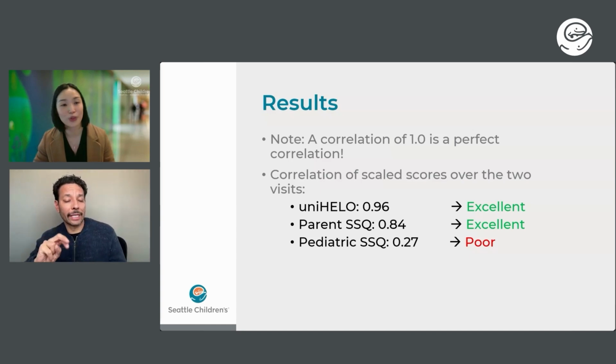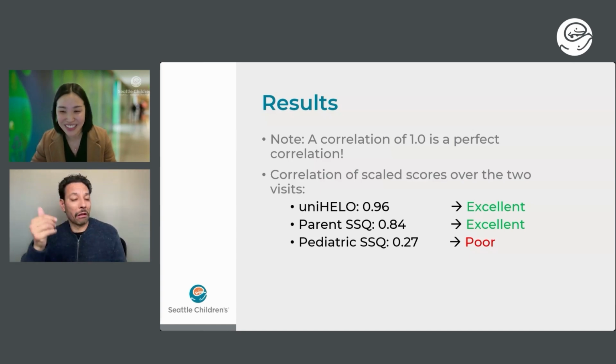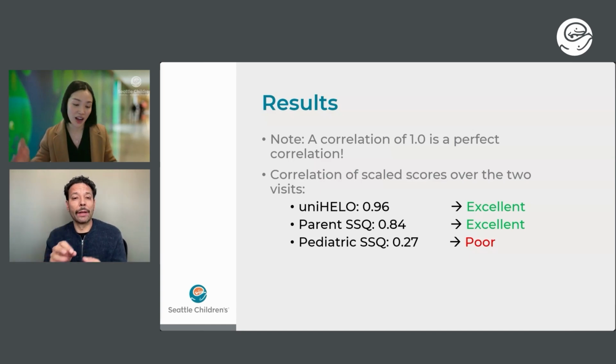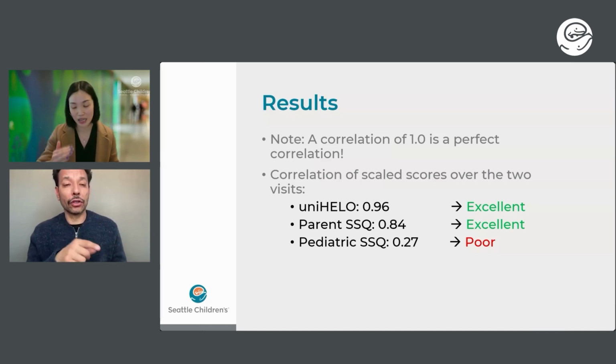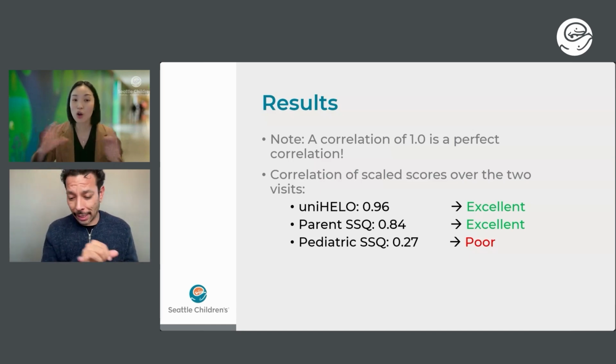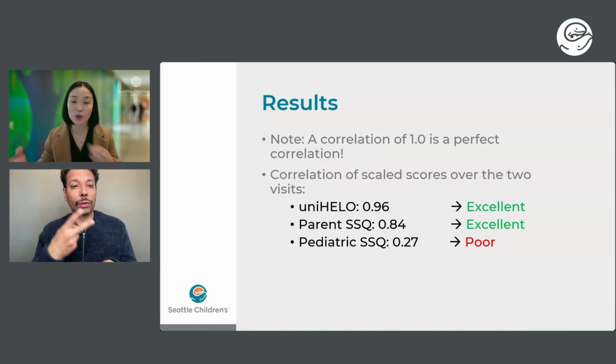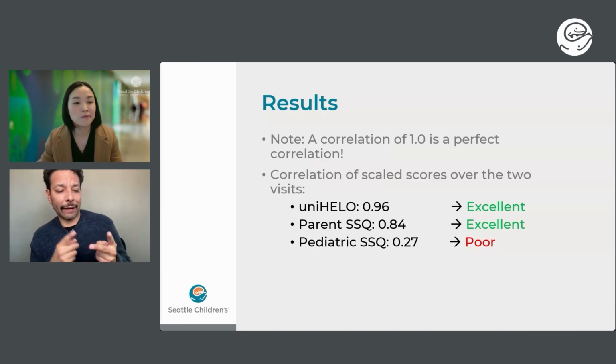So a note for those of you who are not particularly statistics-minded that a correlation of 1.0 is a perfect correlation, which means that if I were to complete this questionnaire, I answered the same answer to the same question over 2 time periods, or over the first visit and the second visit.